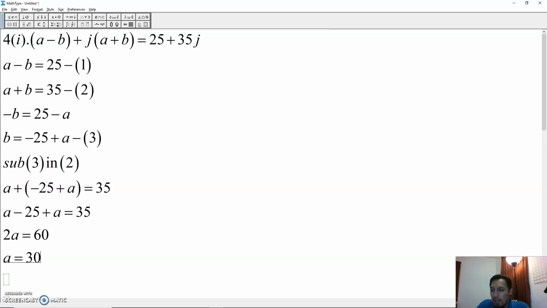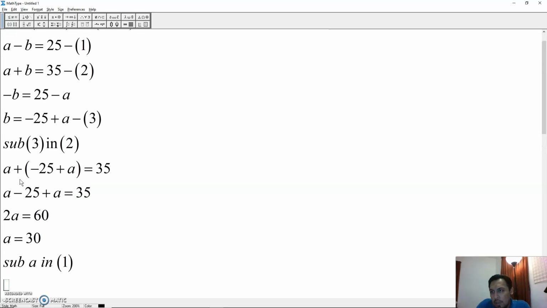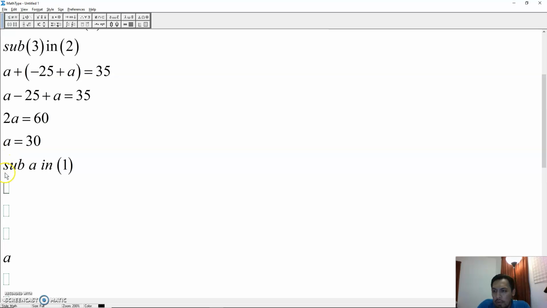We already have a, so we can simply substitute a into either equation. Let's go back to 1. So a minus b equals 25, and 30 minus b equal to 25.